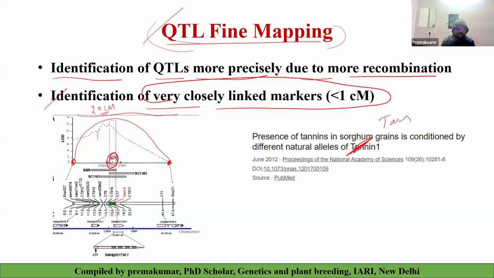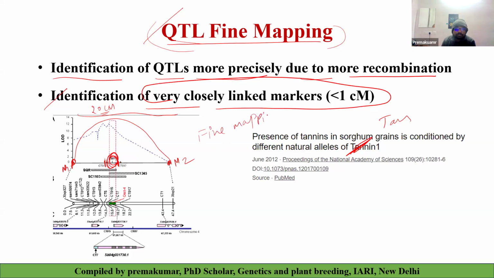But you have marker 1 here and marker 2 here. How do you identify the marker which is very near to this particular gene? It is called fine mapping.